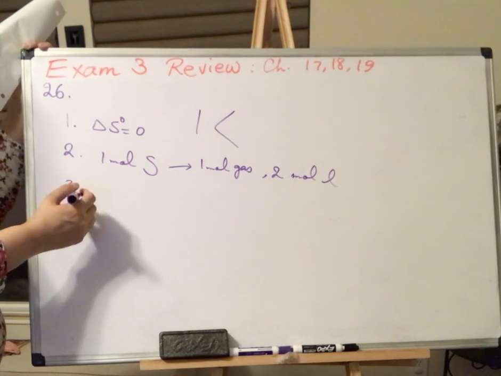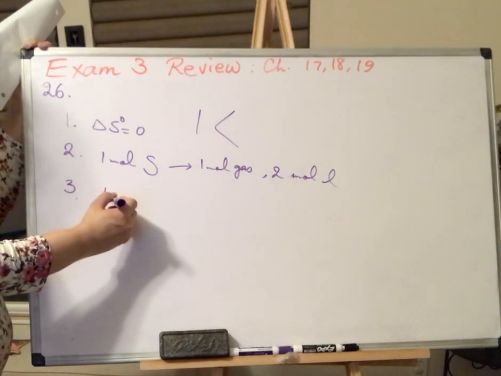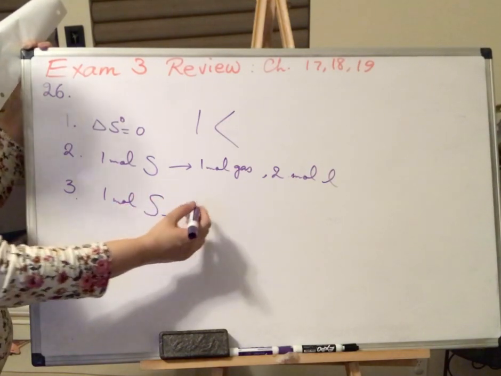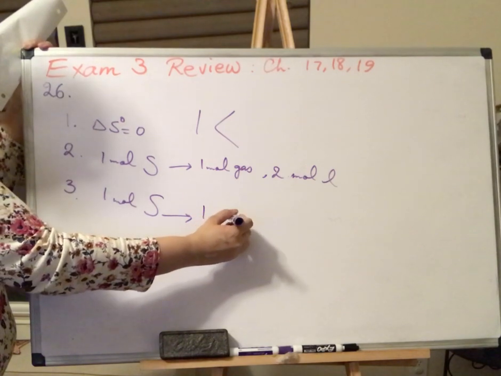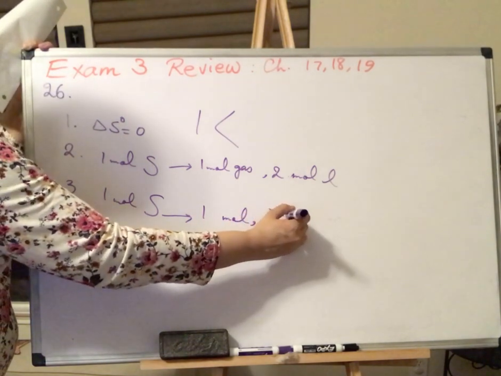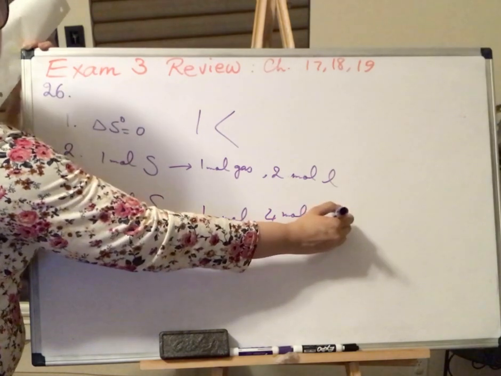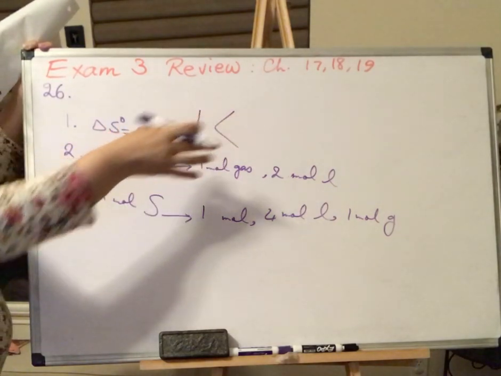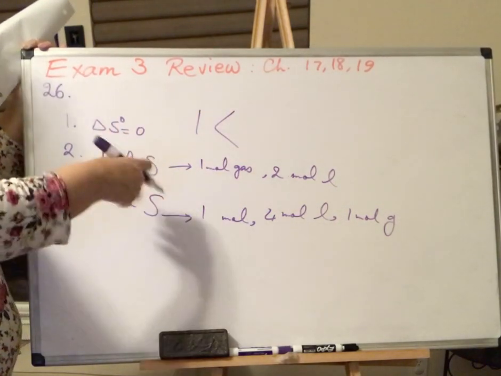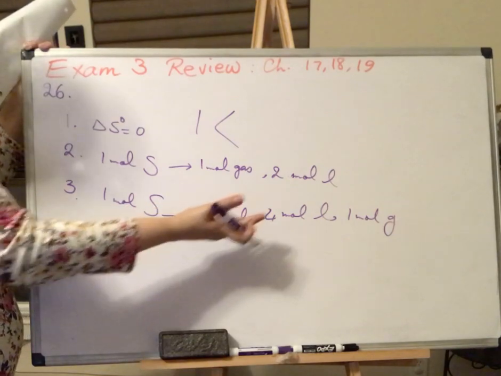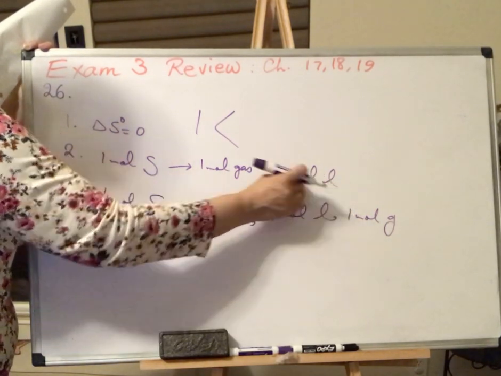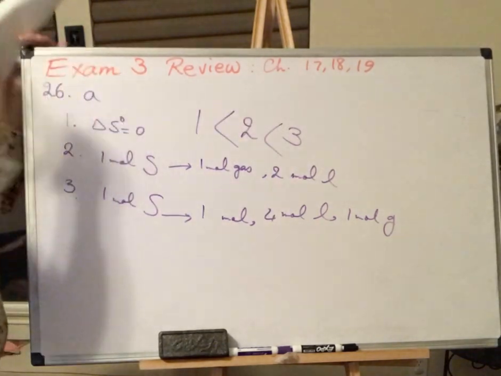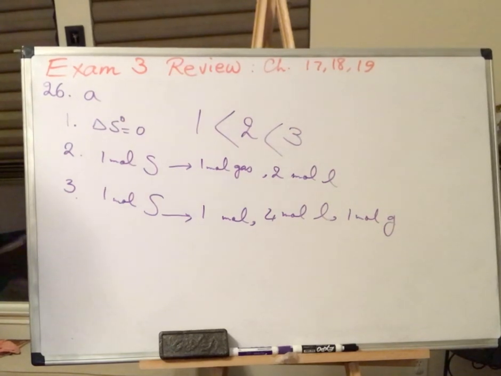And equation 3, you are going from 1 mole of solid to 1 solid, 4 moles of liquid, and 1 mole of gas. So between 2 and 3, which one will have a more positive entropy? Which one is going to have more disorder? Of course, equation number 3 is going to produce 1 mole of gas. So the answer should be A, 1 less than 2 less than 3.